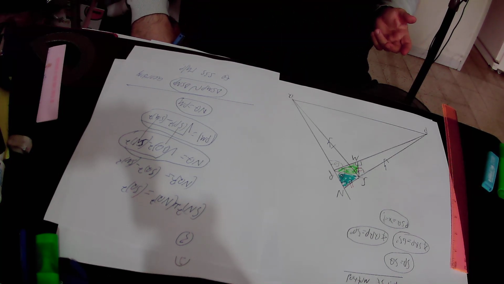So what is the side rule? The side rule says that if you prove the three sides of one triangle are correspondingly equal to the three sides of another triangle, then you actually proved that the two triangles are congruent to each other according to the side rule.